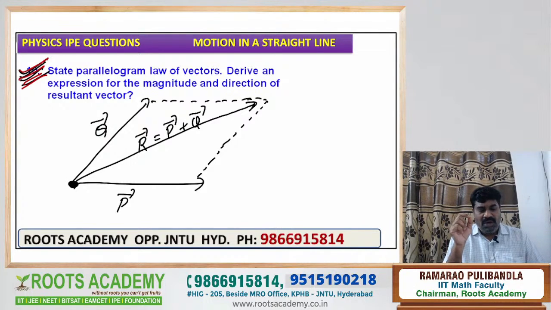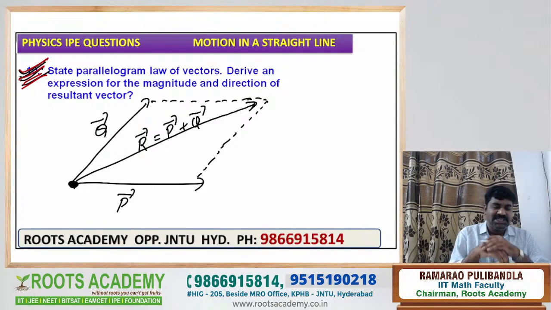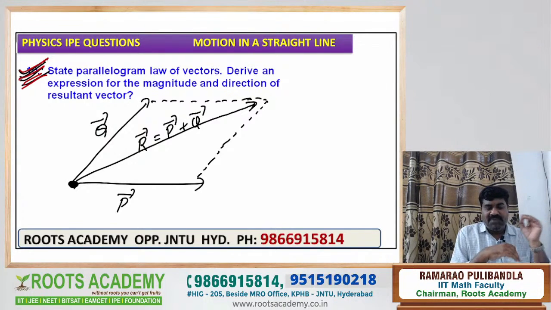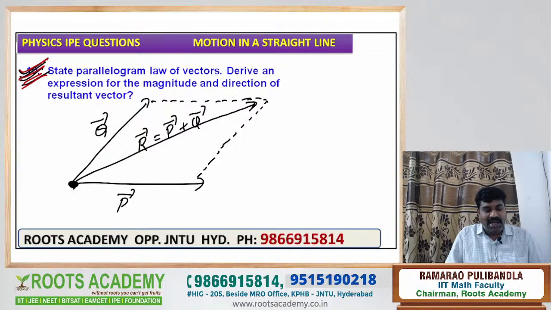What is the parallelogram law of vectors? Derive the expression for the magnitude and direction of the resultant vector. If two vectors are represented by the two adjacent sides of the parallelogram, both in magnitude and direction, then the diagonal of the parallelogram drawn from the same point gives the resultant of those two vectors both in magnitude and direction.